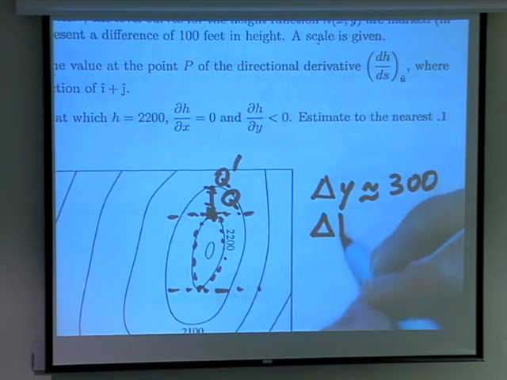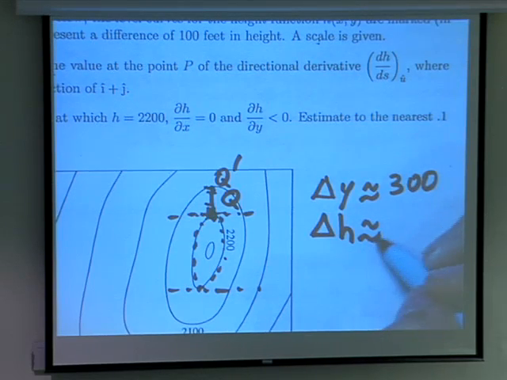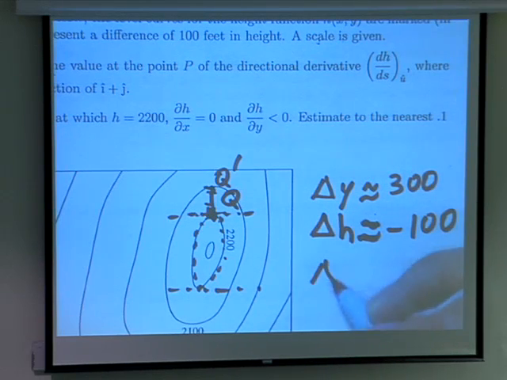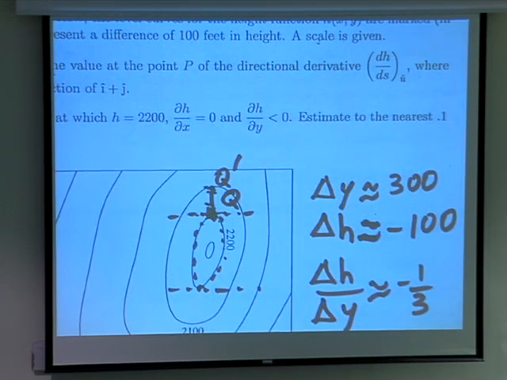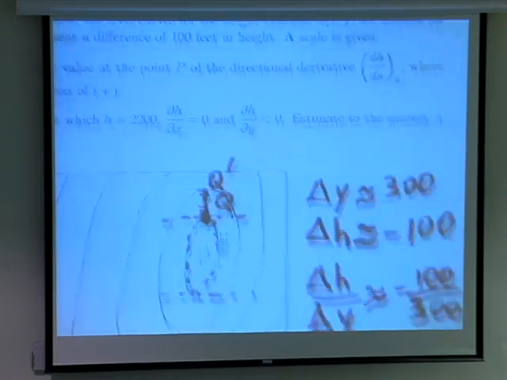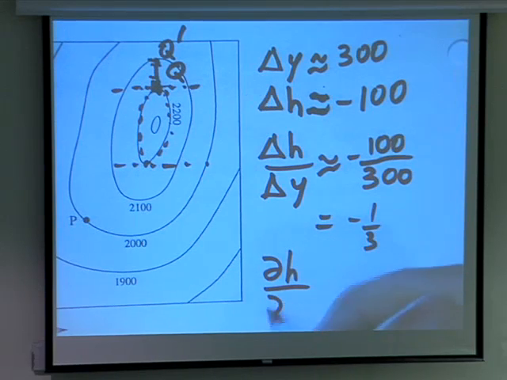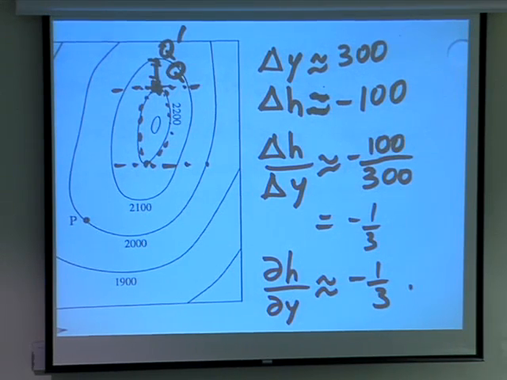What's the change in height when you go from Q to Q prime? You go down from 2200 to 2100. That's actually exactly minus 100. And so delta h over delta y is about minus 100 over 300, which is minus 1/3. And that's an approximation for the partial derivative. So that's how you would do it.